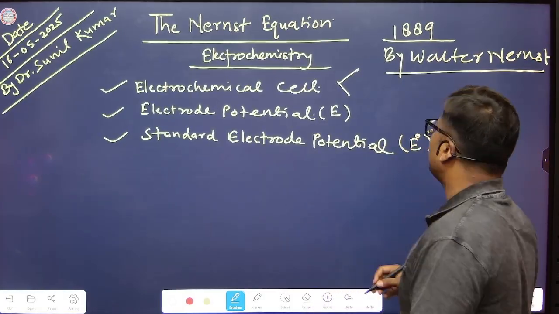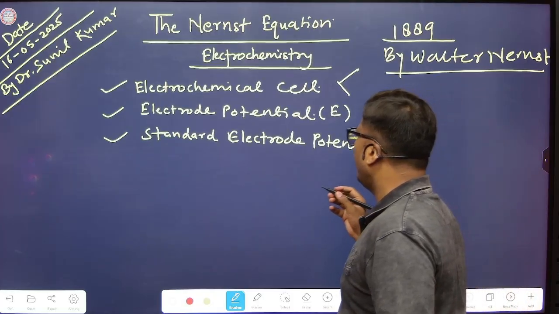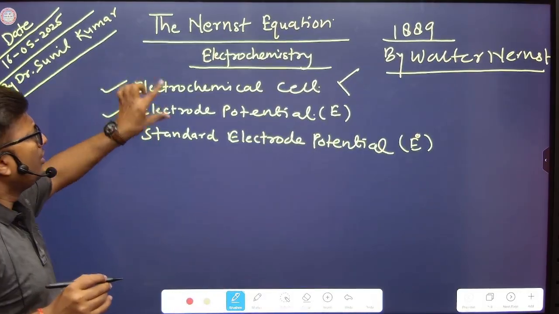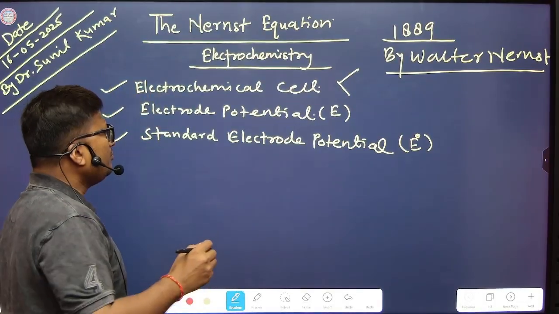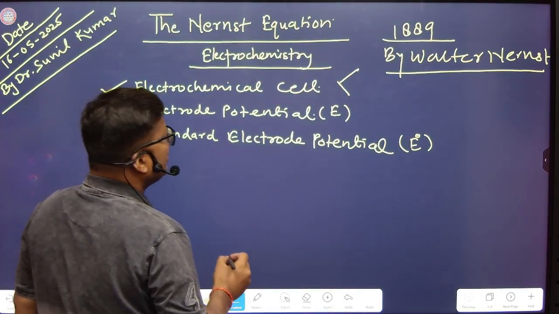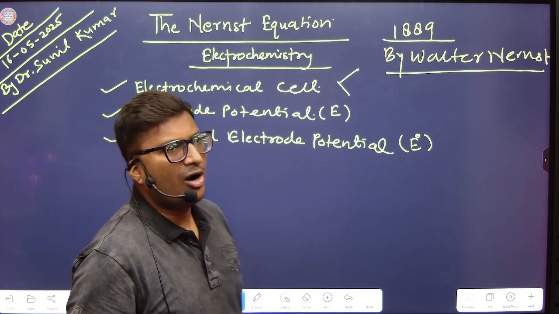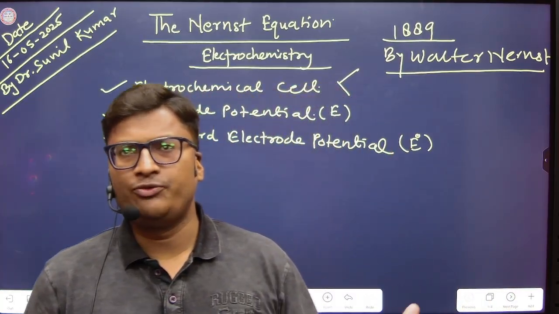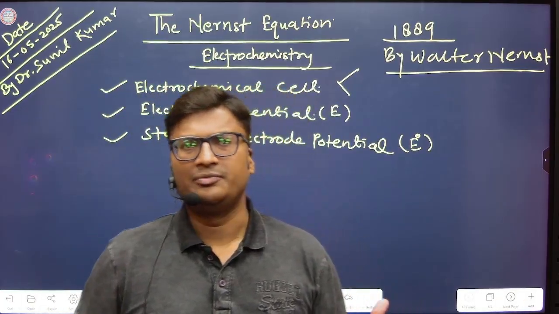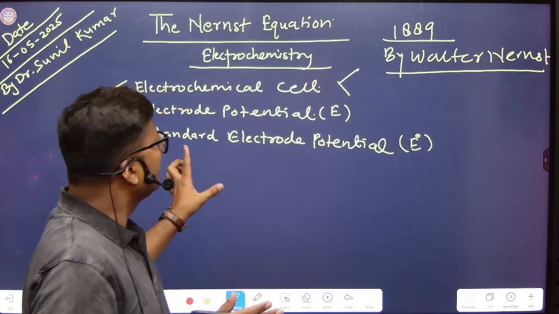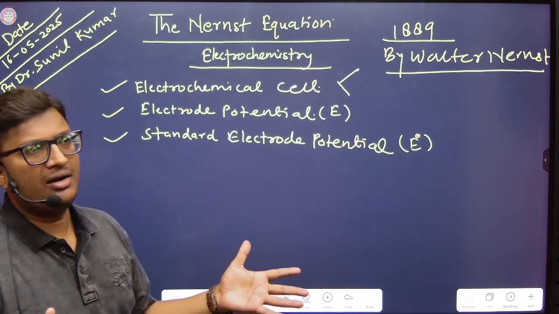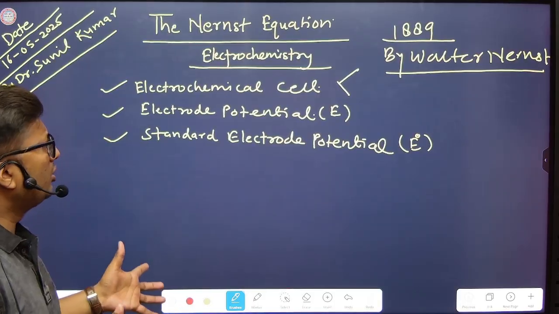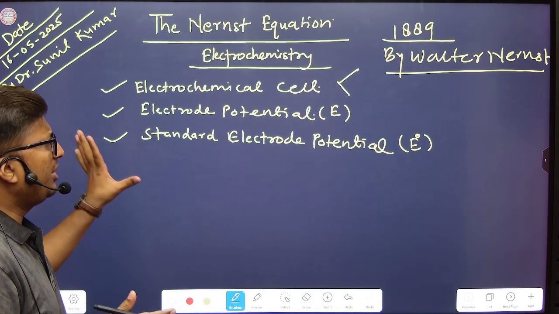He is a scientist who studied electrochemistry. The Nernst equation gives us an idea about the cell potential, or simply you can say the electromotive force of the electrochemical cell, right? At standard state or at non-standard state, that can be determined through the use of the Nernst expression, right?